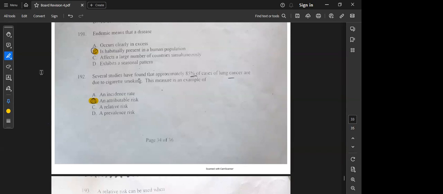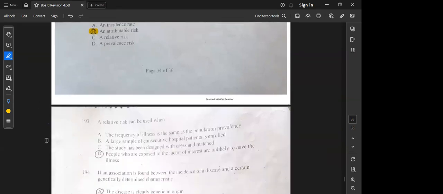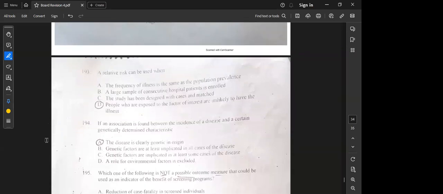Now, somehow the mutation leads to the cells synthesizing ADH. But I'll check and send the explanation on the group. I think it was stated on one of our PowerPoints.